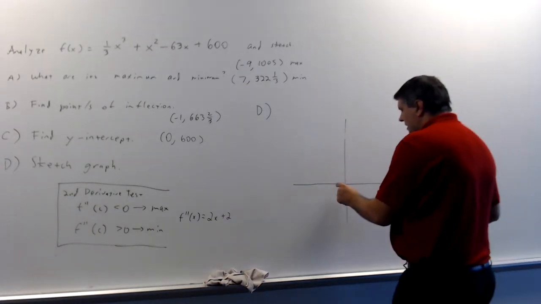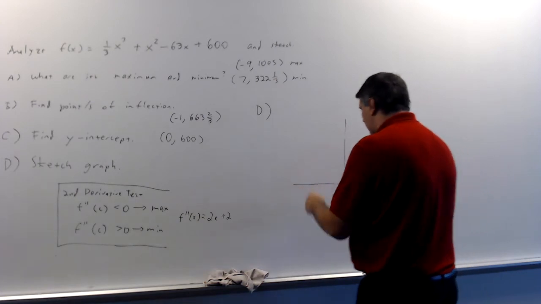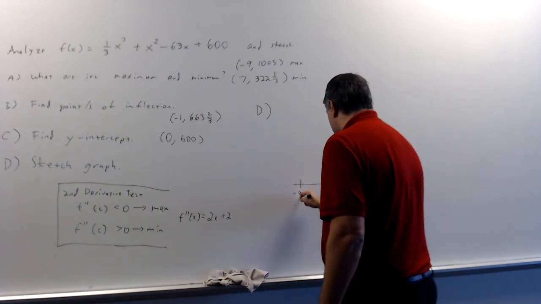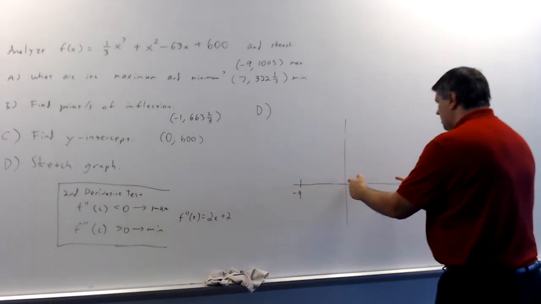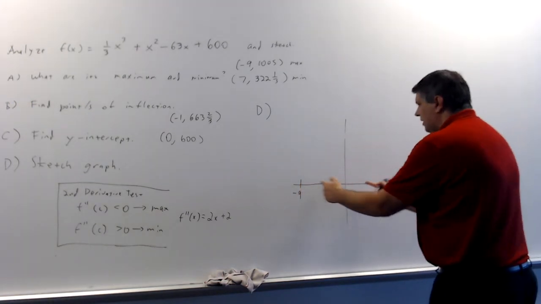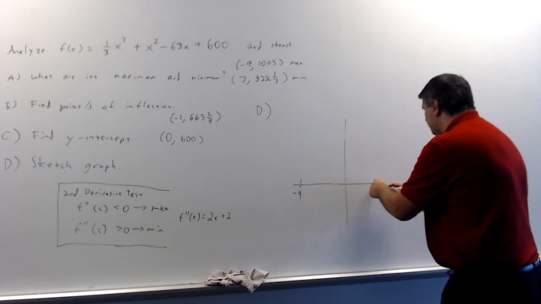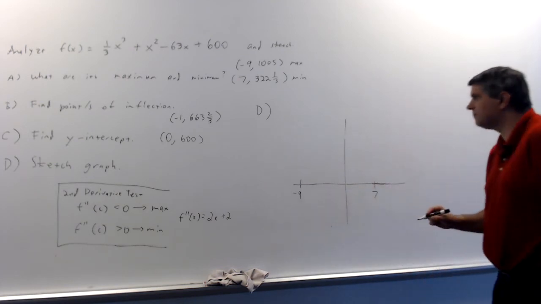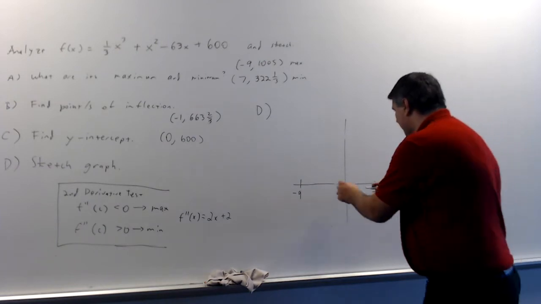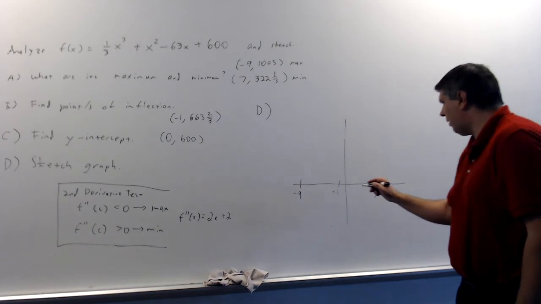I got negative 9, so I guess I could make that maybe somewhere over here. I'll try to be proportional about it. This is negative 9, this would be a 9 over here, so I'll push it in over here to be 7. I got negative 1, I guess I could put that about right here. And I got my 0.